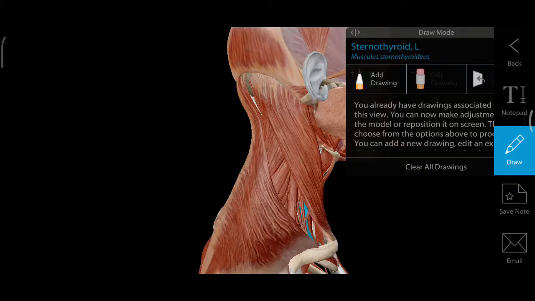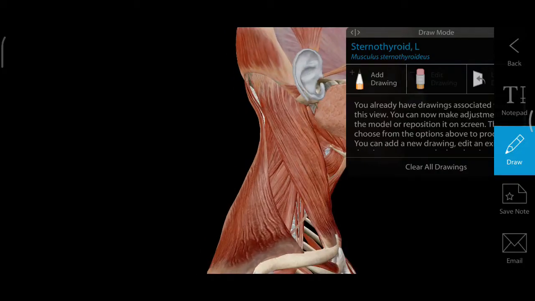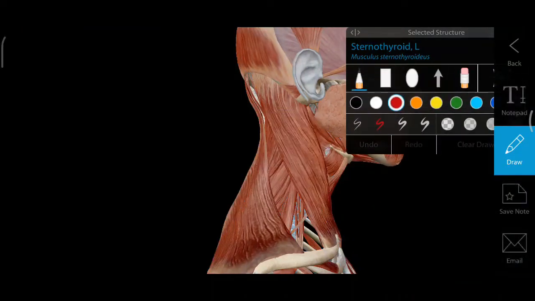Now comes the content. Before going to the content, I'll tell you one thing. This is the omohyoid, this is the inferior belly of omohyoid. The inferior belly of omohyoid divides the posterior triangle into two parts.